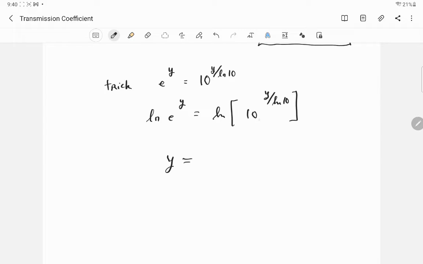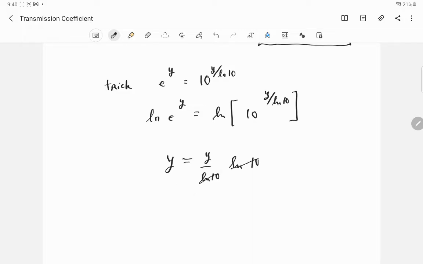And here, we have to take a couple of steps. The natural log of a number raised to another number: you just take the exponent outside of the argument of the natural log and multiply. So it's y over the natural log of 10 multiplied by the natural log of 10. And you can see how this works.